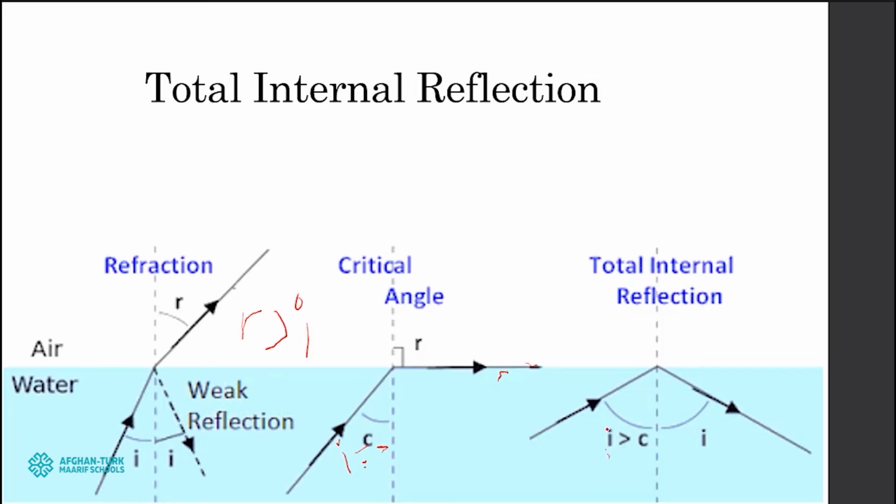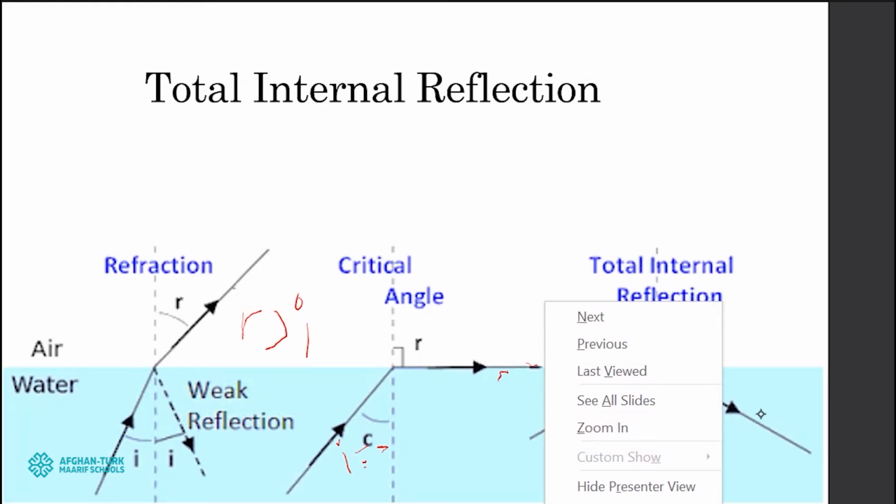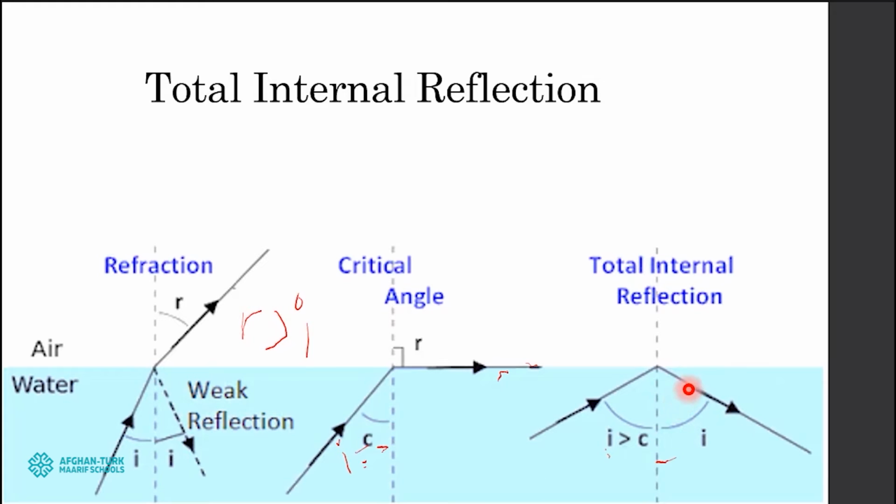You see, I is greater than the critical angle. If you see in this figure, I is greater than the critical angle, the light does not travel to rarer medium. It is reflected in the same medium.